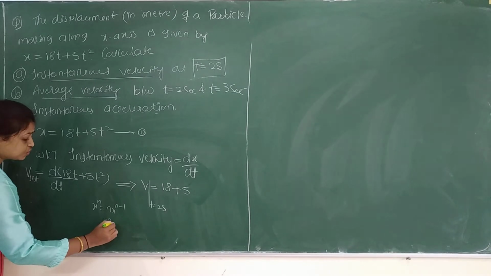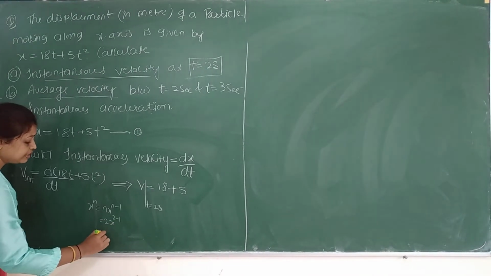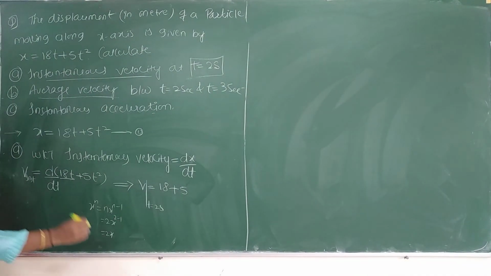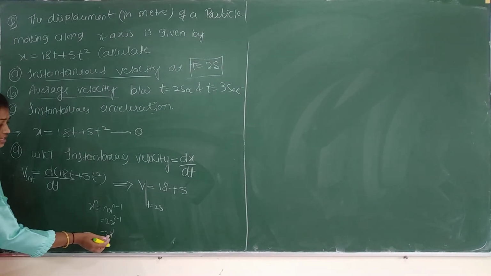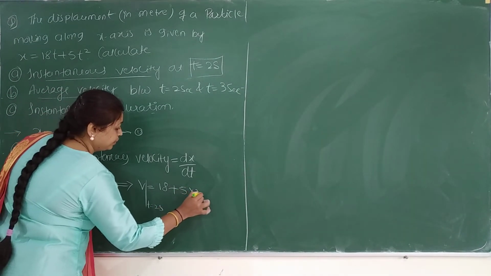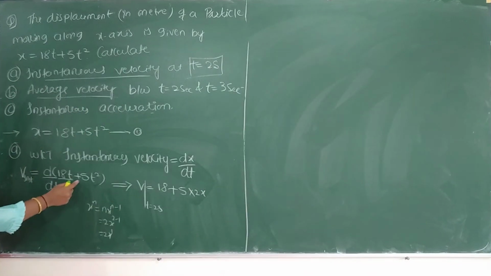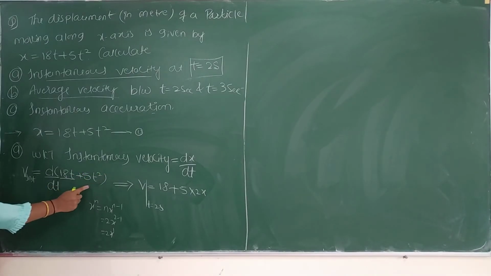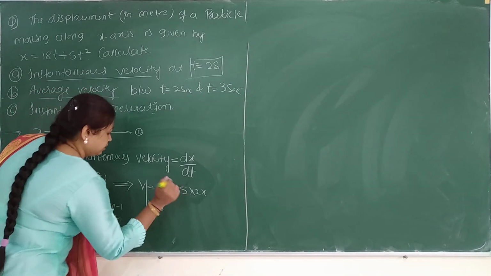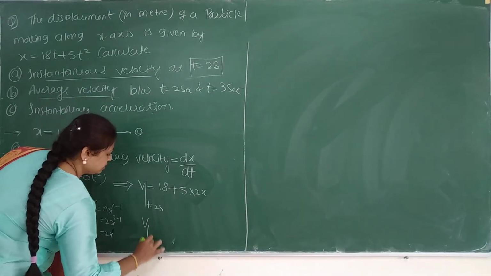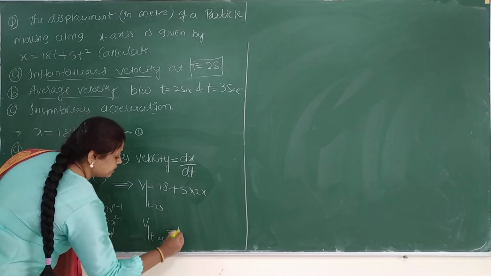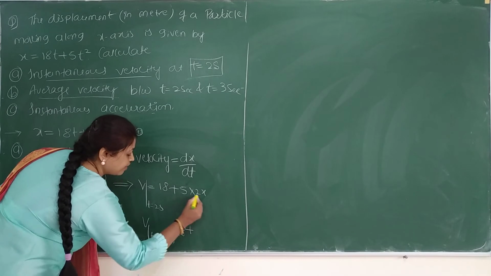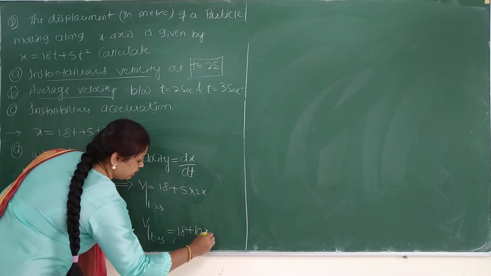Now n is 2. x raised to 2 minus 1 means 2x. 2 minus 1 is 1 only. 2x raised to 1. Is it clear? So what is the answer here? 5 into 2t, or directly we can say here 5t square differentiation is 10t, at t equal to 2 seconds. Just write here 18 plus 10t.